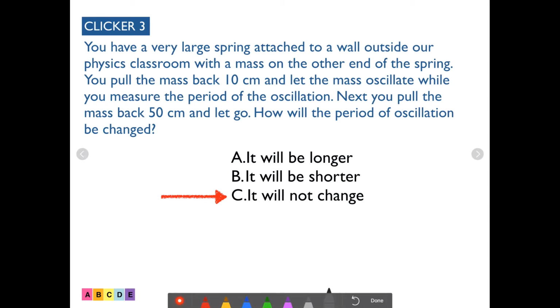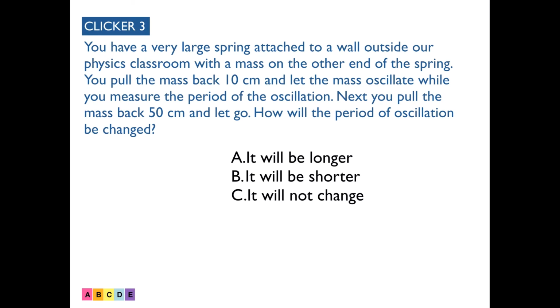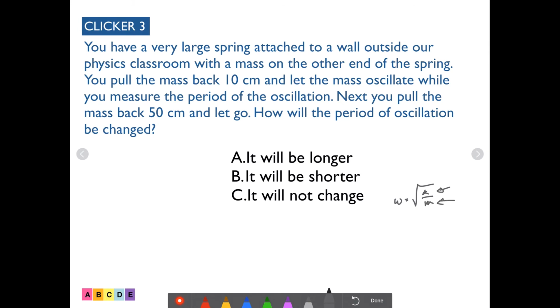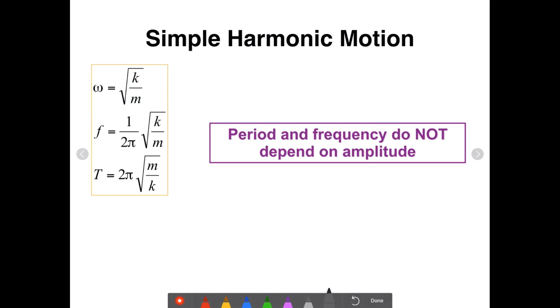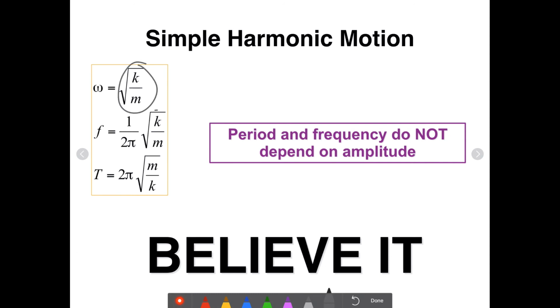The only things that affect the frequency or period, since omega is equal to the square root of k over m, are the spring constant and the mass. So period and frequency do not depend on amplitude, and you can see there's no A anywhere in here.